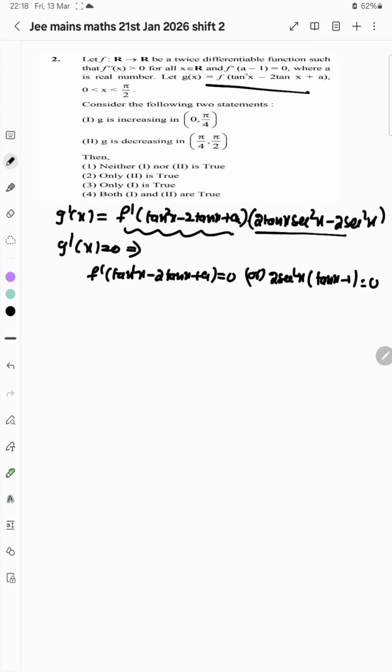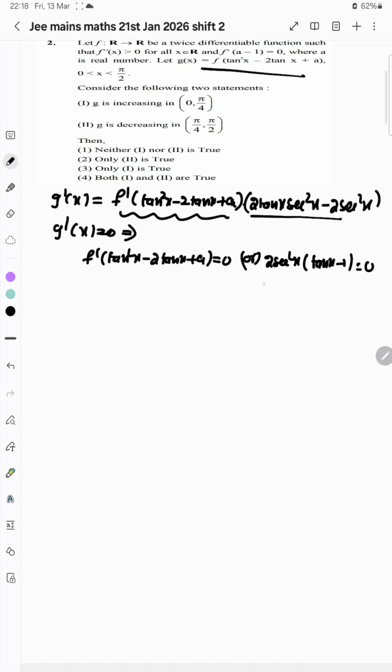Okay, see, we know that secant cannot be 0. So now the only possibility is tan x is equal to 1. From this x equal to pi by 4 is the only critical point in the given interval 0 to pi by 2.